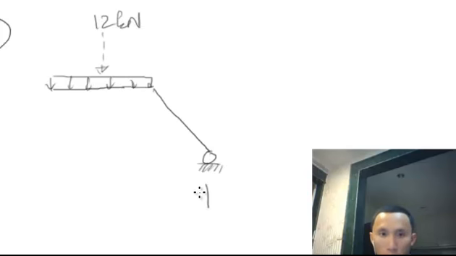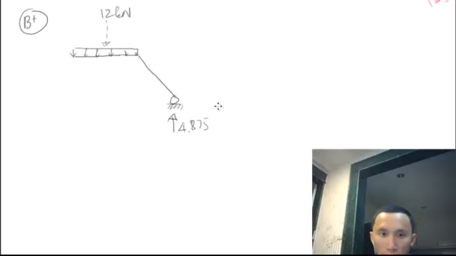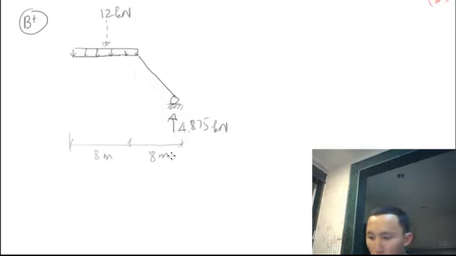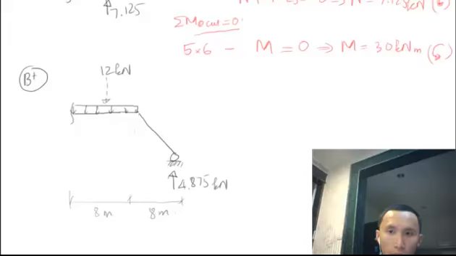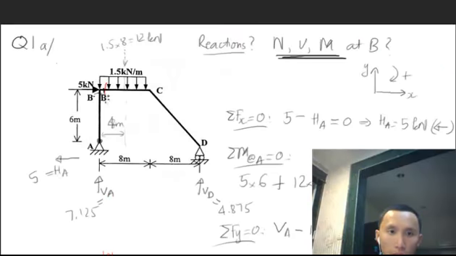This we have 4.875 kilonewton, and the distance is going to be the same, so 8 meter, 8 meter. Now we make cuts here, right? This is the cut. You can see here.